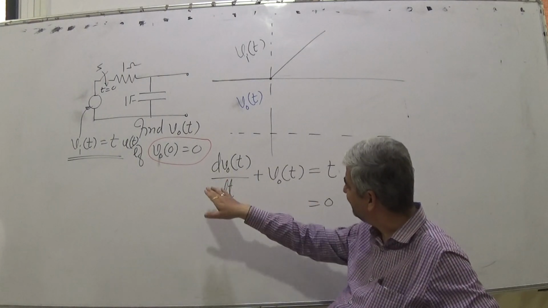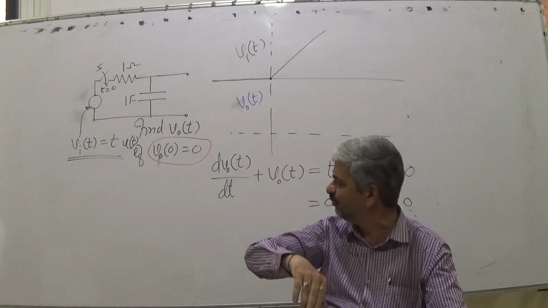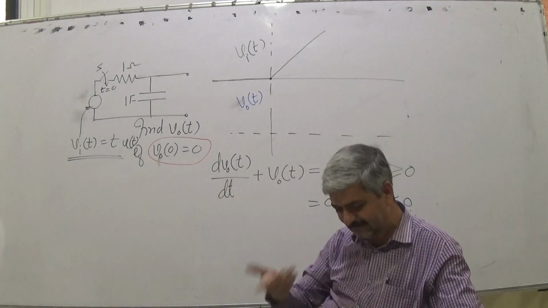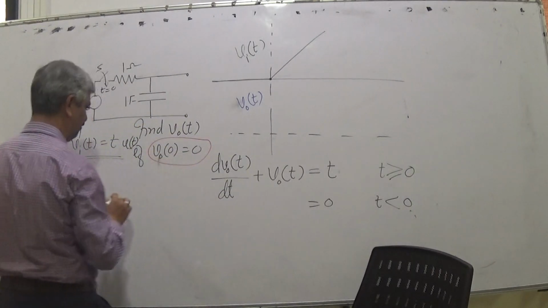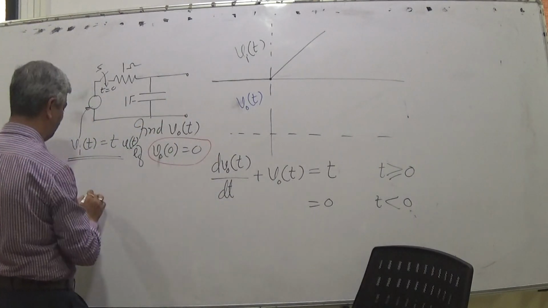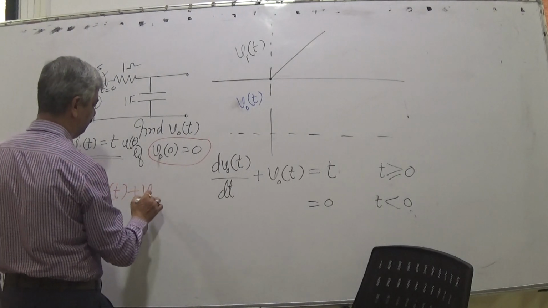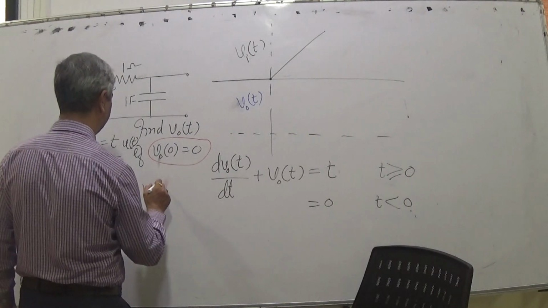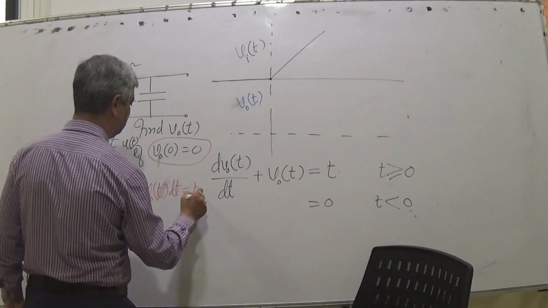There are many ways you may go about it. Some kind of integration also you can go for. By some conventional technique you learned, multiplying by dt everywhere, dVOT plus VOT dt is equal to t dt.